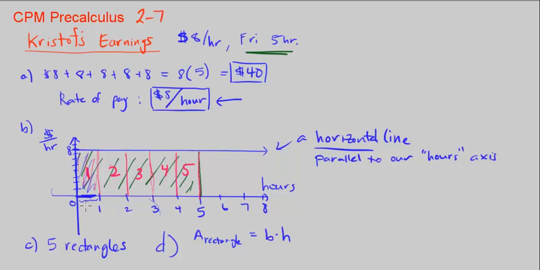The units are hours, and the units for the height are dollars per hour. If you multiply these together, the hours cancel out, and we're just left with money, or dollars.